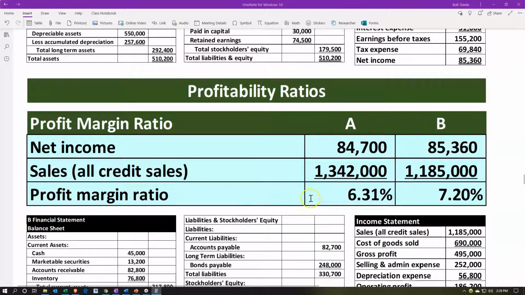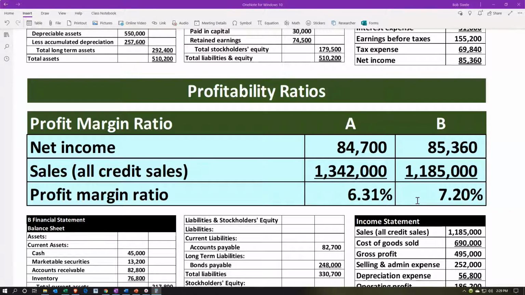Okay, so then we have the comparison between A and B. So A, notice that means that basically for every dollar of sales we have, we're holding on to about 6.31 cents of it. And B, every dollar of sales, we're holding on to about 7.2 cents of it, or for every $100 of sales for A, we're holding on to $6.31, or for every $100 of sales for B, we're holding on to about $7.20.